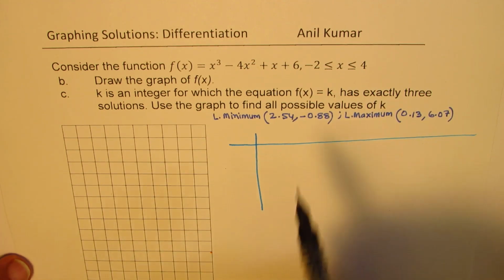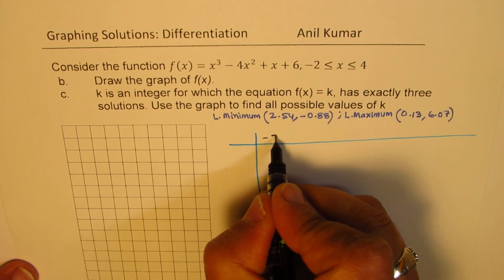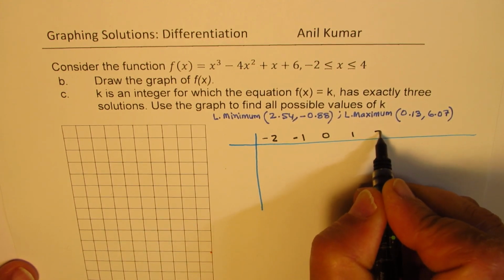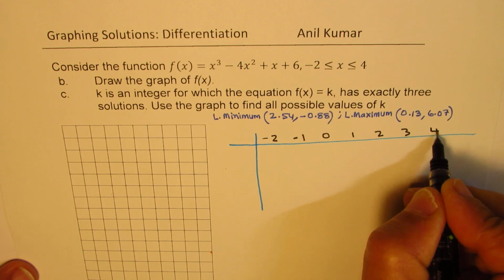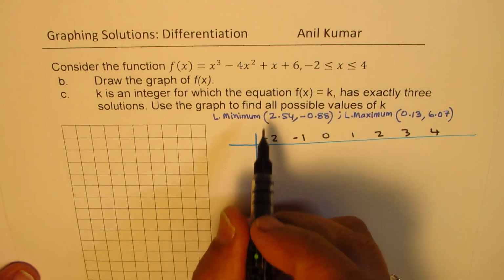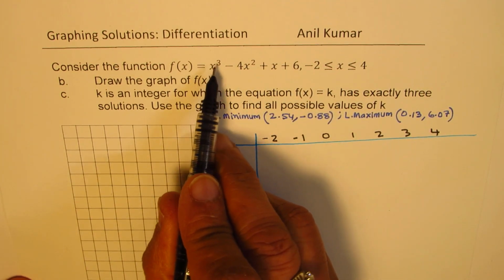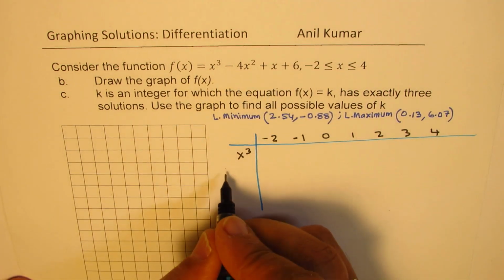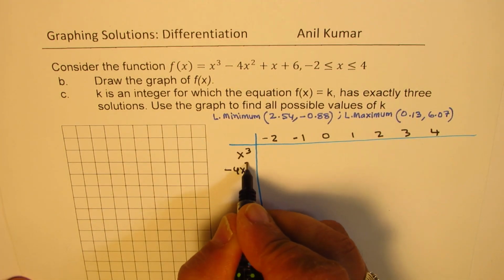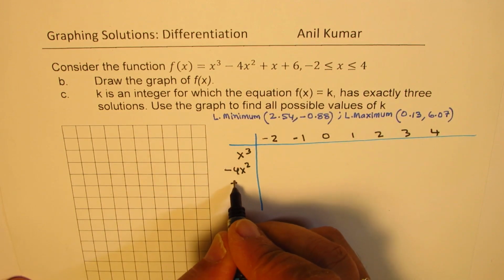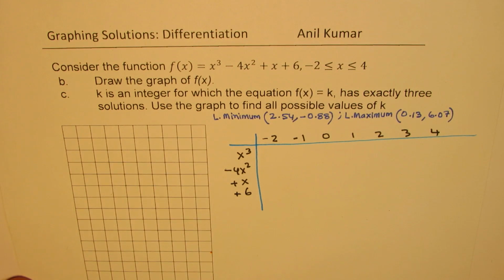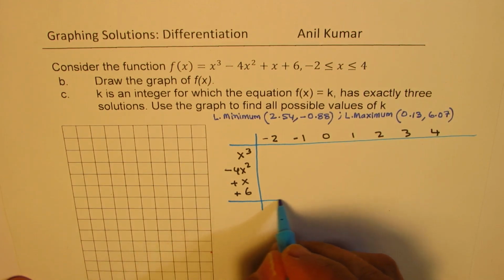We can take points as mentioned here: minus 2, minus 1, 0, 1, 2, 3, and 4. The formula is x cubed minus 4x squared plus x plus 6, and then we are going to add them all.